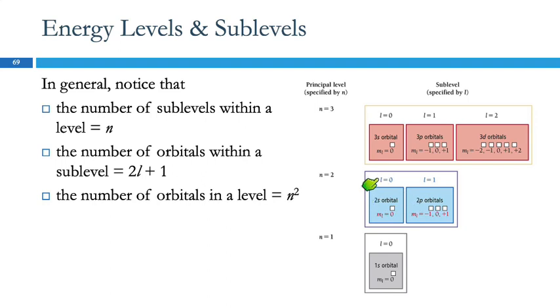The first one, L equals 0, only has 1 orbital. The second one, L equals 1, has 3 orbitals. So they have different numbers for m sub L. Third level, 3 different sublevels. The first one has 1 orbital, then 3 orbitals, then 5 orbitals. This 1, 3, 5 thing did not come about by chance. It has to do with the quantum numbers.